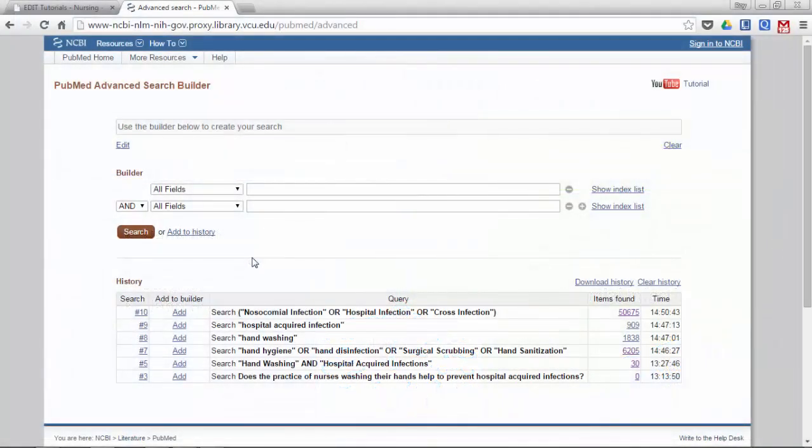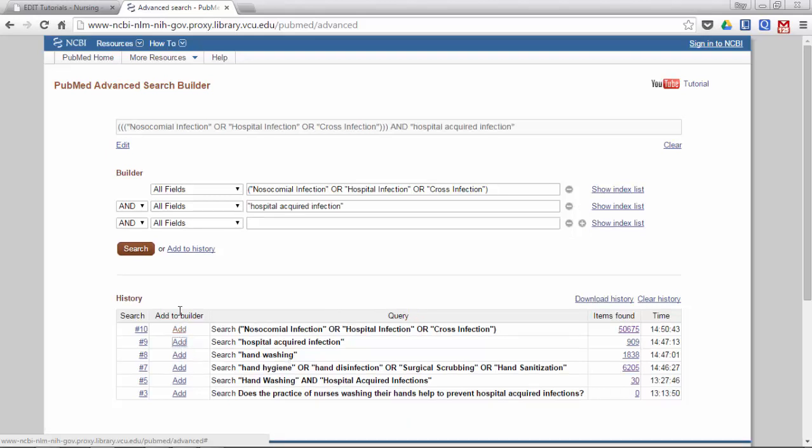Now, let's go back into PubMed and do just that. Put the alternative terms with the original search. You'll notice here is hand washing and hospital-acquired infections, and we had received 30. So this time, let's take nosocomial infections and put it with hospital-acquired infection.